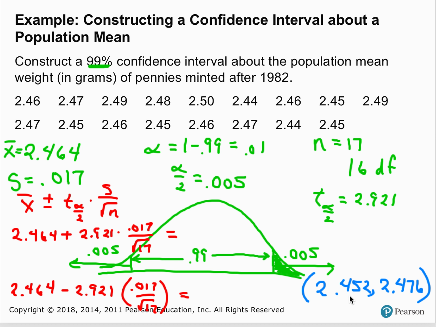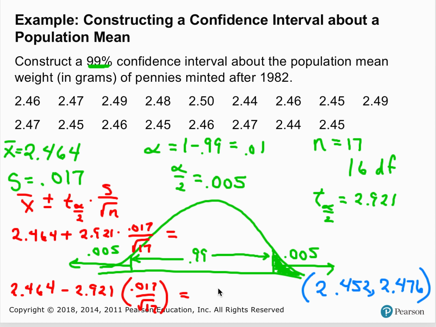Okay, I'm 99% confident that the mean weight of the pennies minted after 1982 is 2.452 grams to 2.476 grams. Now remember, confidence refers to the confidence in the method.